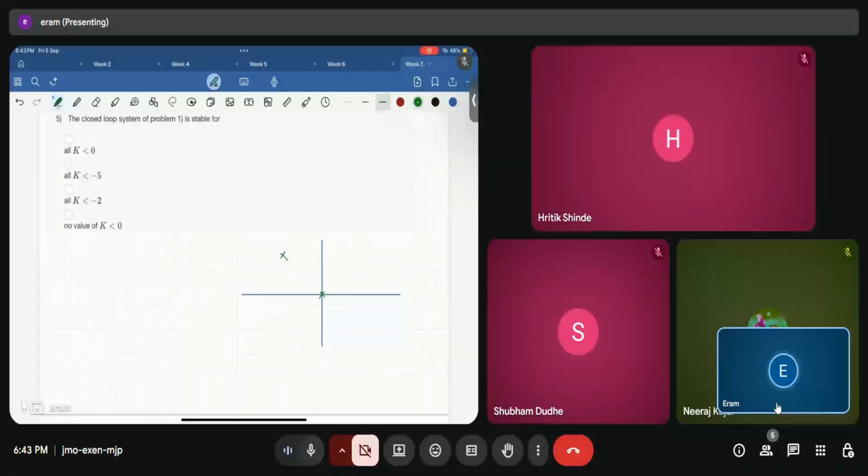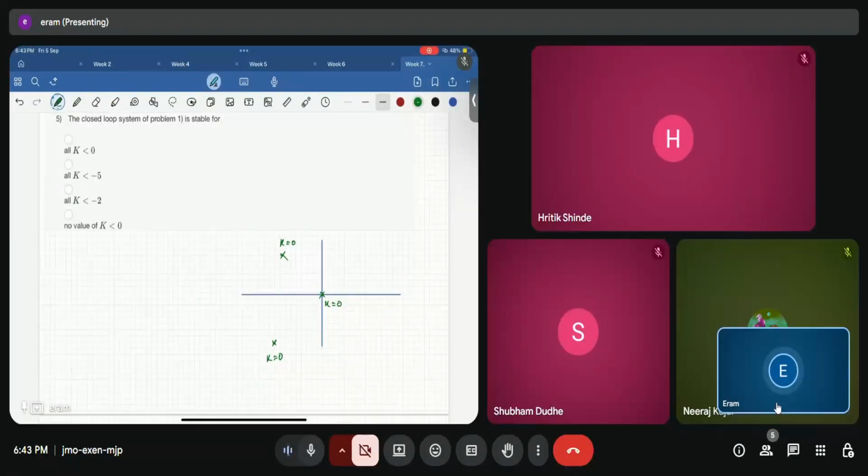We have only poles. My root locus will start from these points, that is the open loop poles, and at this point K will be 0. That is clear? Okay.